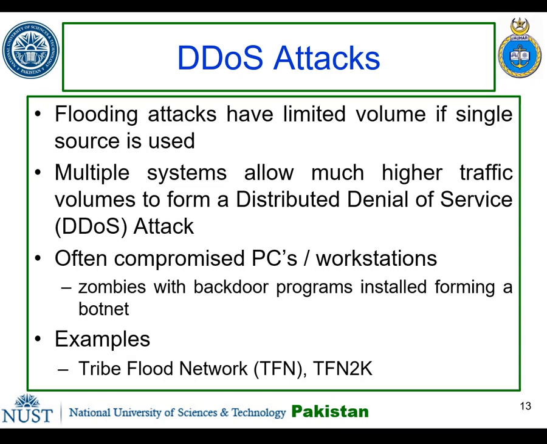It was later rewritten as Tribe Flood Network 2000, abbreviated as TFN2K, and could run on Unix, Solaris and Windows NT systems. The agent was a Trojan program that was copied to and run on compromised zombie systems.